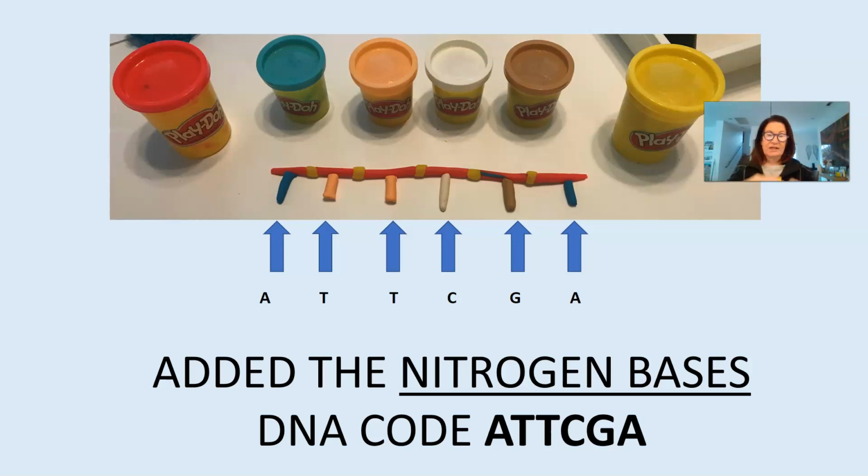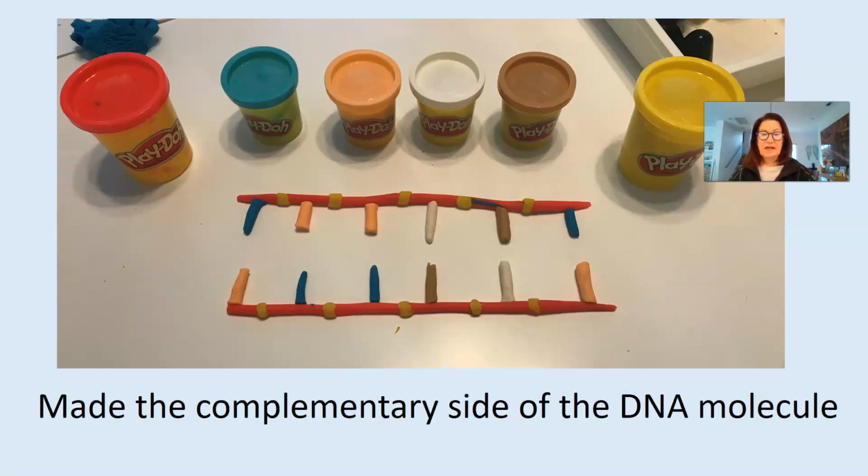So if I add the next thing, I had to put the complement there, right? So now I have here A, and A goes with T, with thymine. This is going to be T, and T goes with adenine in DNA.